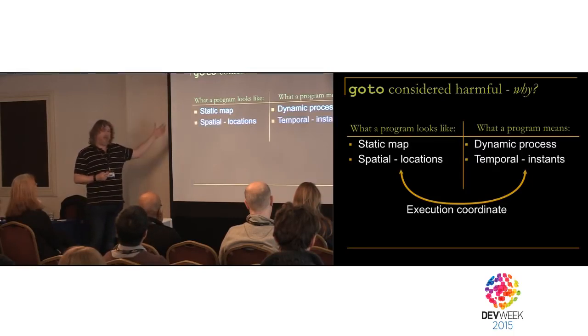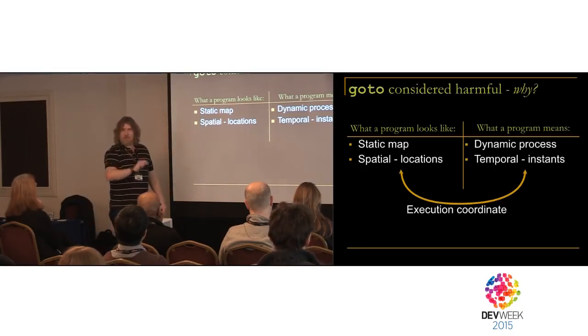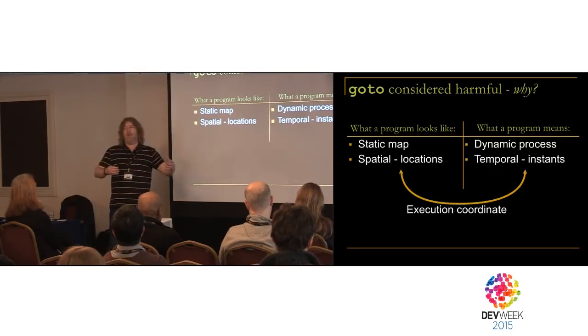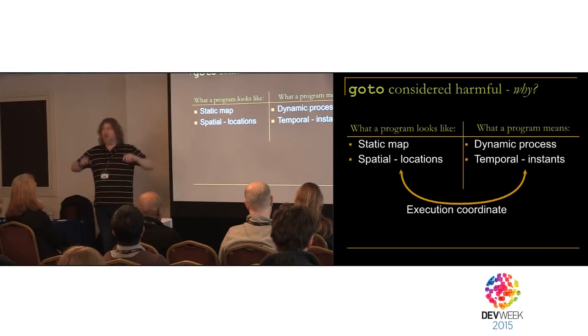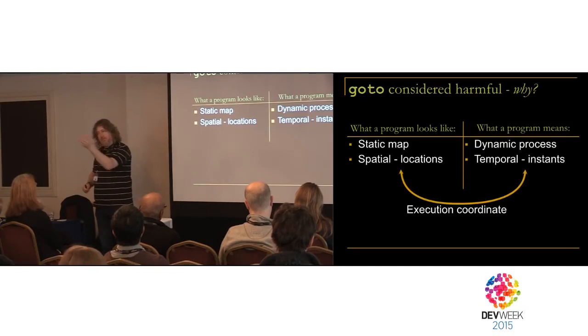When we talk about a program, the language that we use is this sort of spatial static language. So we talk about right here, this line here, such and such has happened. Or what about this variable here, or this class over there? And even when we're talking about class structures which don't even correspond to things on the page, we will gesture into space and say this class over here, and the data's moving like this.